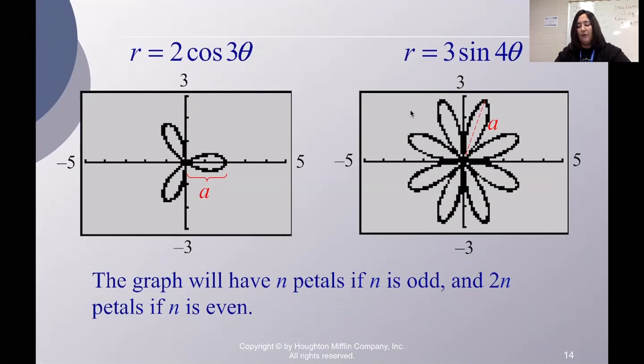Now, pi over 4 is going to tell you the angle of the petal where it ends. So what you need to think about is where that first one is coming in, and that would give you pi over 8. And then you would add pi over 4 and get 3 pi over 8. You would keep adding pi over 4 all the way around until you get to the last one.